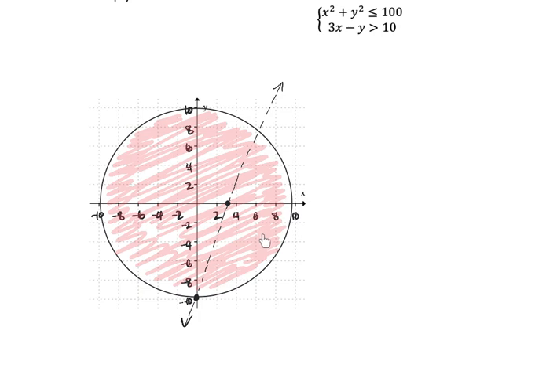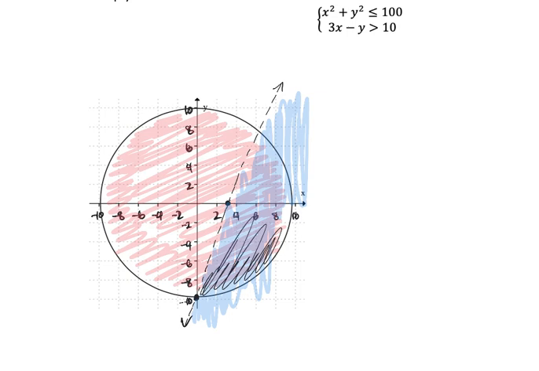I'm going to shade away from it. So I'm going to shade on the right side of that line. So the solution set would be this piece of the circle right here.